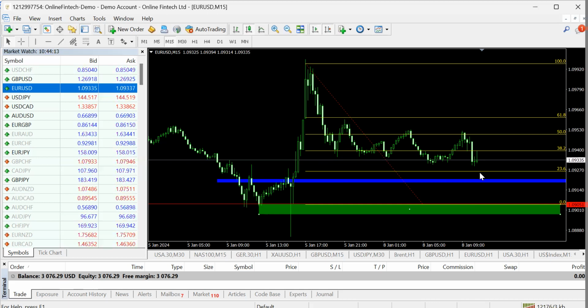Once it breaks 23.6, it already shows the signal that the market will not go up at the moment. It will come and retest the 0.0 position. So yeah, that's what I was anticipating in terms of the currency pairs.